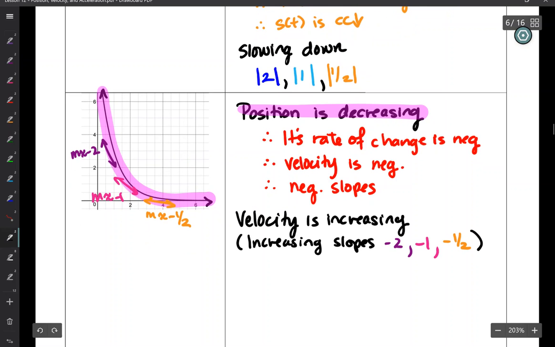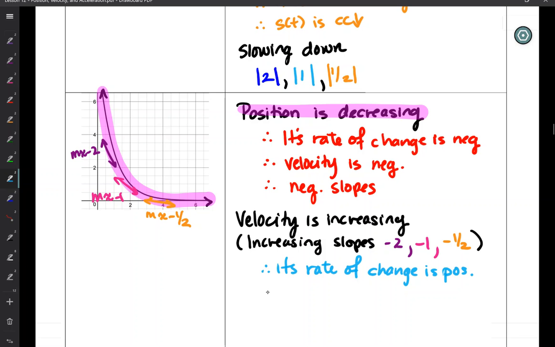So if velocity is increasing, then its rate of change must be positive. The derivative of velocity must be positive. Oh, we have a special name for that, and that's acceleration.